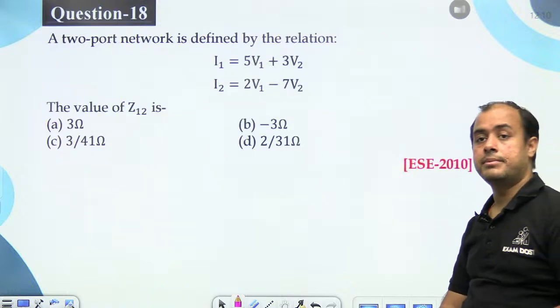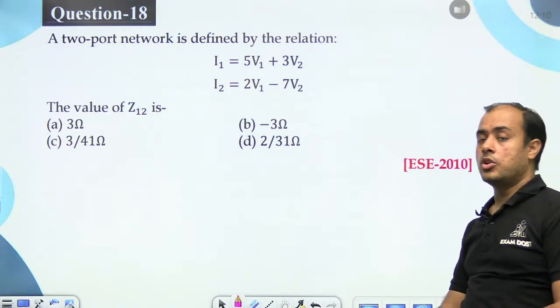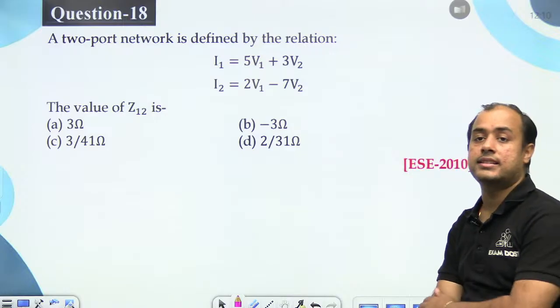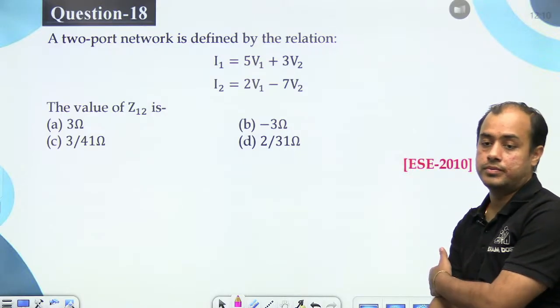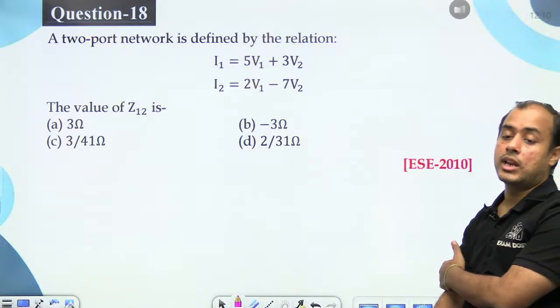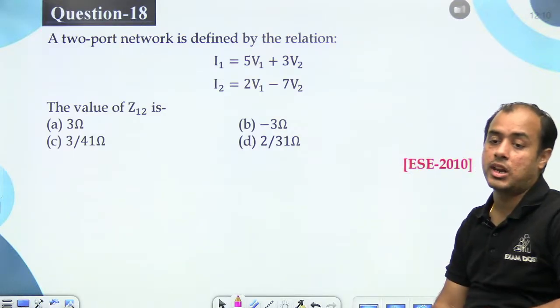Very good Ajit bhai. ESE 2010, a two-port network is defined like this. What is the value of Z12? As I said earlier, if one parameter is needed, apply its formula.